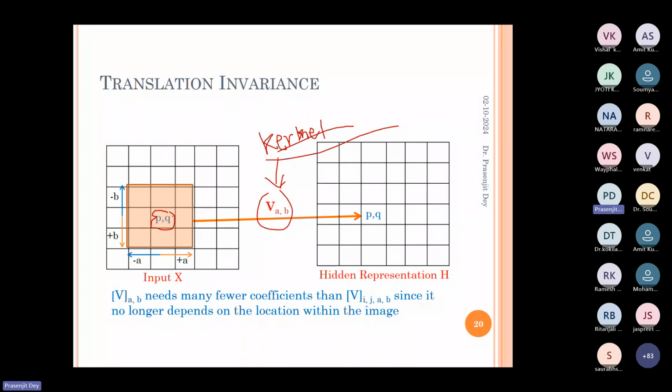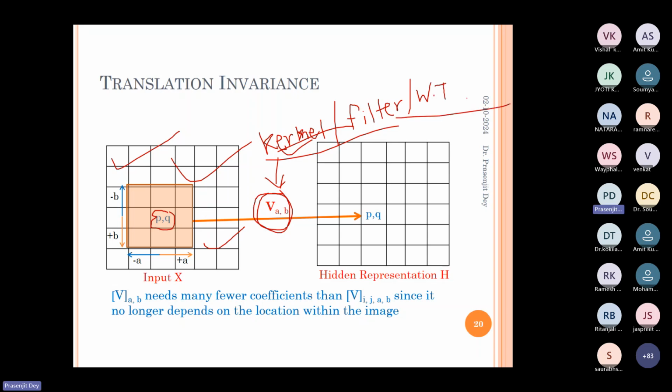Suppose you want to look for the beak of the bird. It can be here, here, or here. It doesn't matter where it is. If the beak of the bird is in the image, it needs to be identified. That is the job of this weight tensor, which we call the kernel or the filter. So you may have heard terms like convolution kernel, convolution filter, or weight tensor.